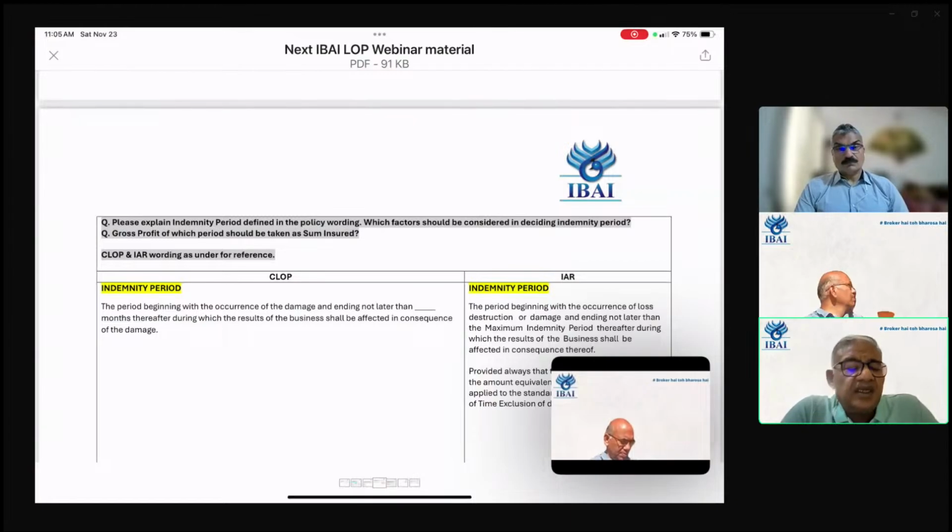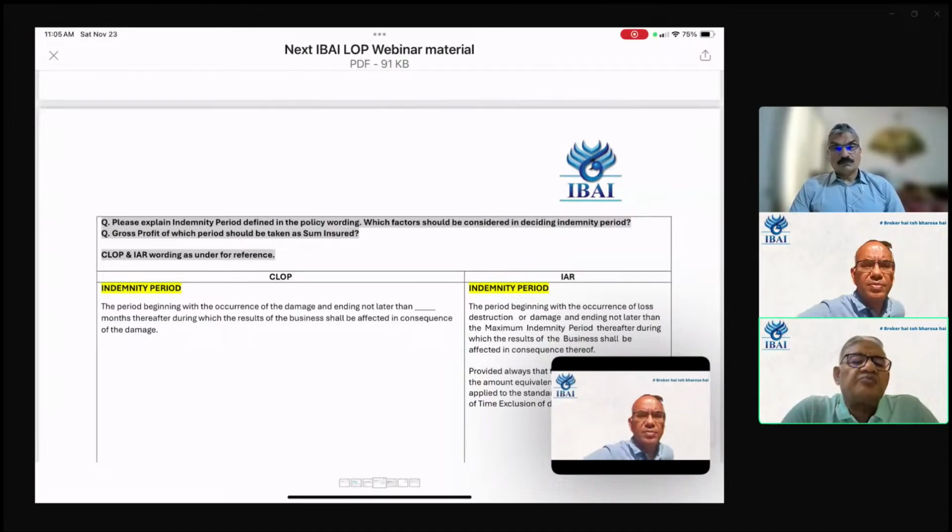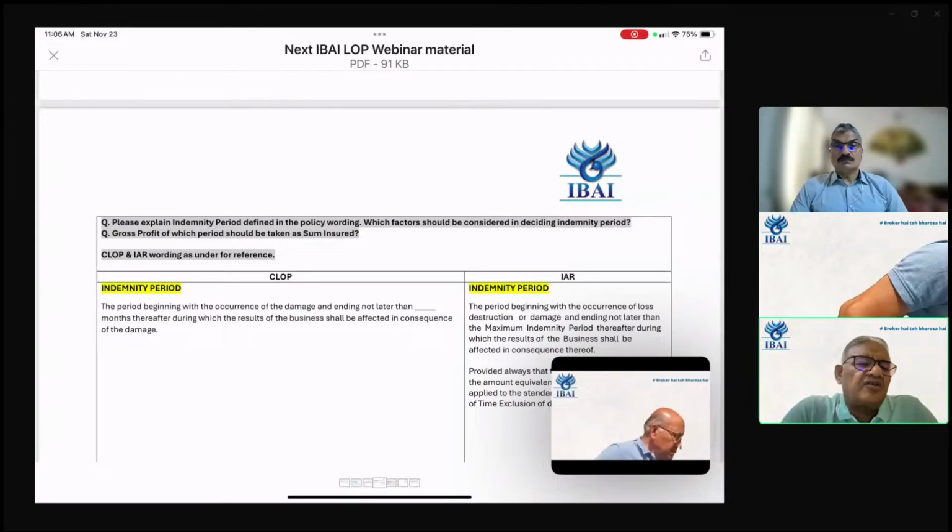That's why there is a 33% refund provision in the IAR policy and 50% in the normal FLOP policy. So always take this into account.